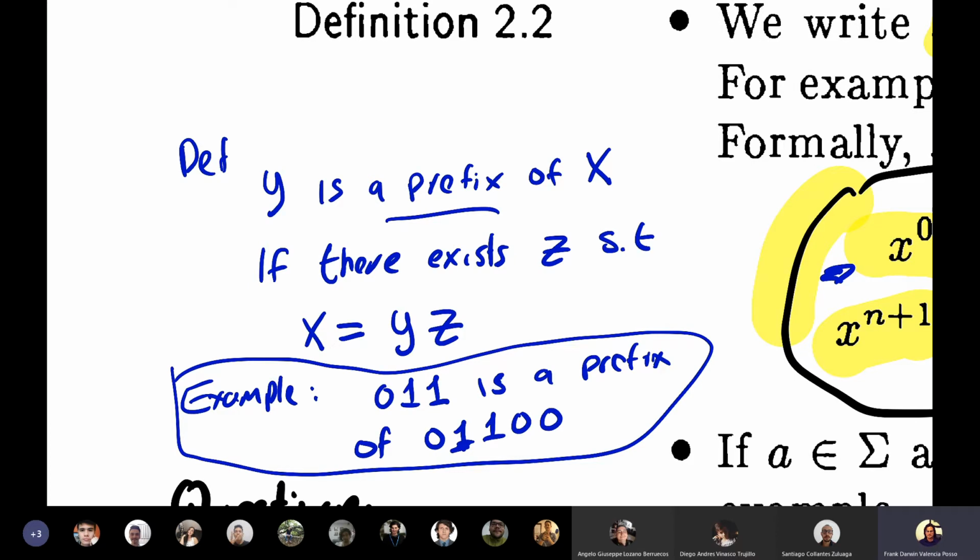Can someone tell me? Just to illustrate this to Angelo. Then I look to the definition. So apparently y is 0, 0, 1 and x is 0, 1, 1, 0. To see if this is true, I need to find a string z such that x is equal to y concatenated with z.